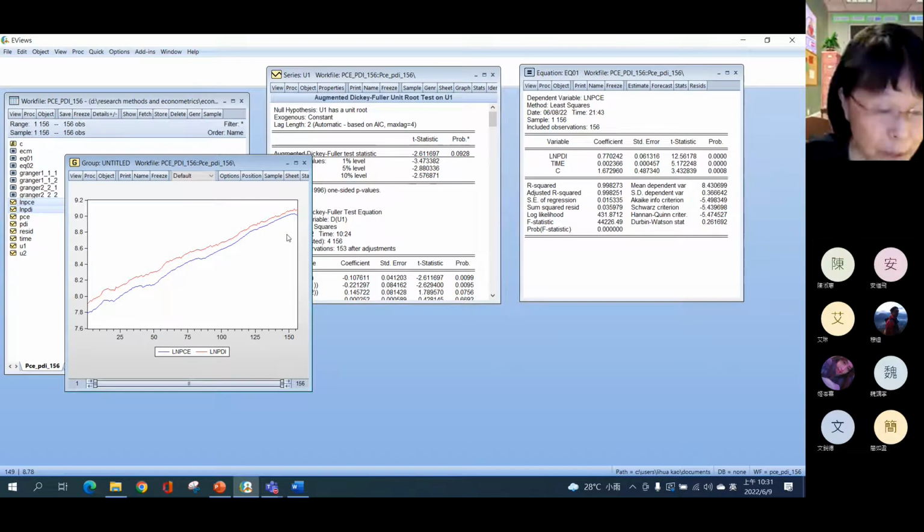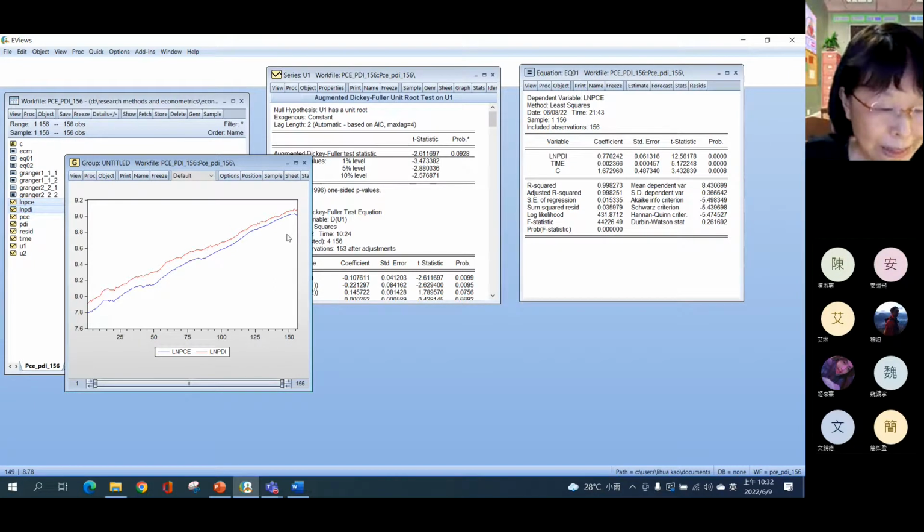This residual comes from the combination of LMPCE and LMPDI.